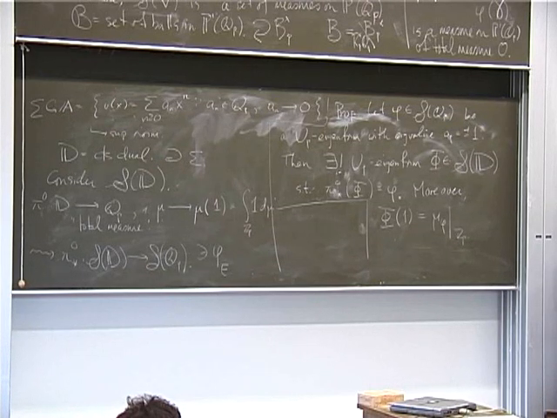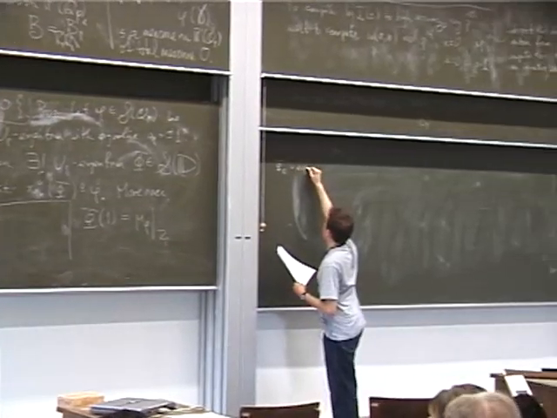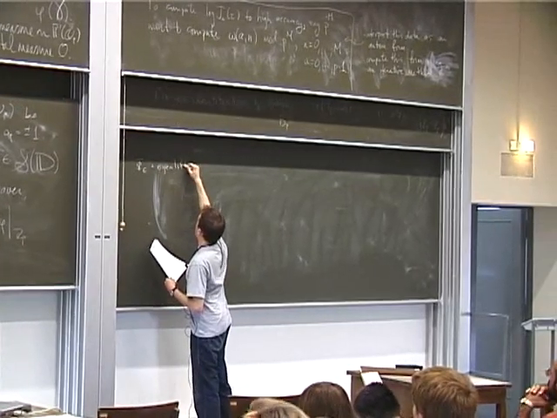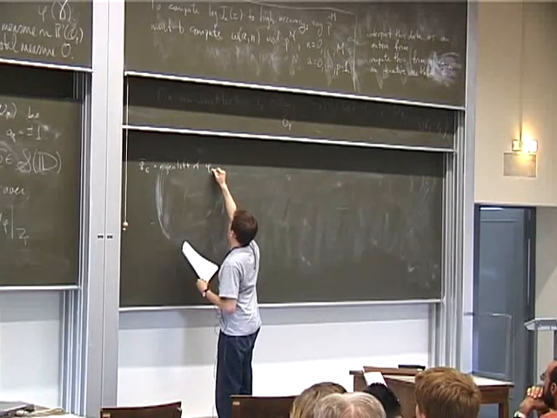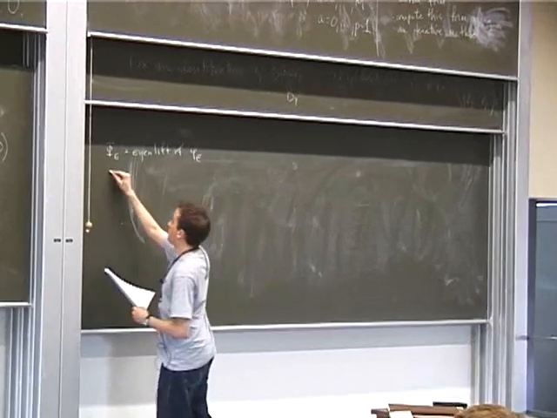All right. So let phi E be the eigenlift of phi E, which is associated to our elliptic curve E. And we have the following proposition.